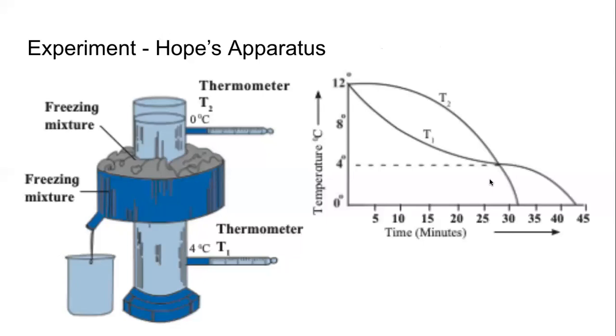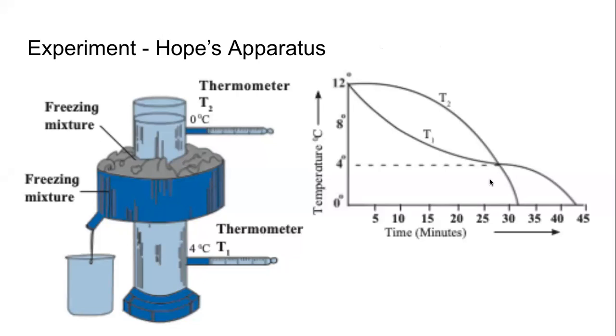Now at 4 degrees Celsius, we are not stopping the freezing. We are still continuing to make the water colder. So while we continue the cooling of water, now in this range from 4 to 0, the behavior of the water is anomalous.